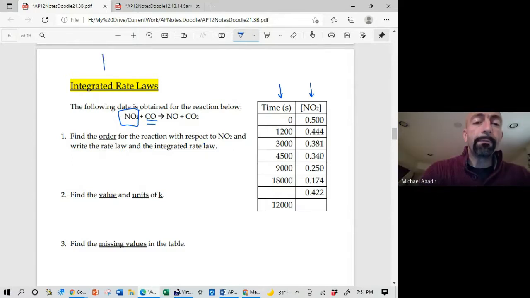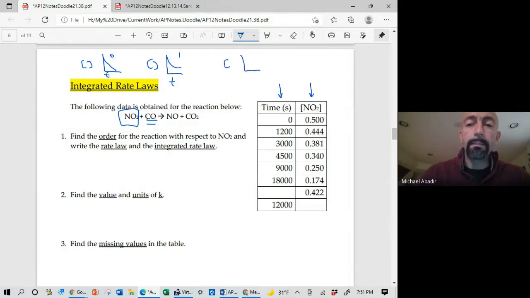Again, we're going to graph first concentration versus time, and we're going to see if we get a straight line that looks like this. If we do, then it's zero order. If we don't, we're going to get a curve. And if it's a curve, then that means that it could either be first order or it could be second order. So if that's the case, when we get a curve, we're going to have to change the graph.